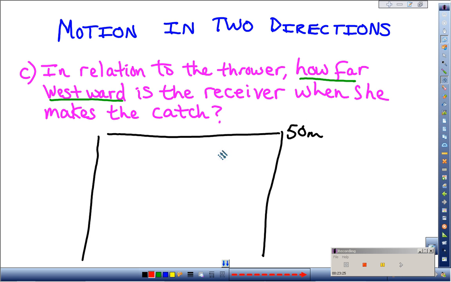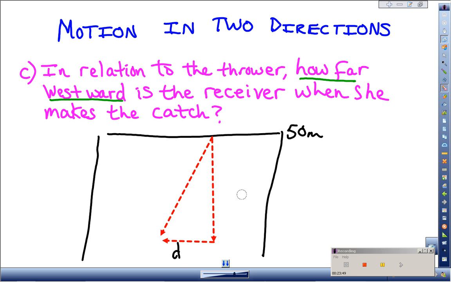And because it's thrown due south with a velocity that is westward because of the wind, then this football ends up getting thrown toward the southwest. If that's the case, then what you want to know is, what is my displacement in the, it shouldn't be the vertical, it is the horizontal direction.